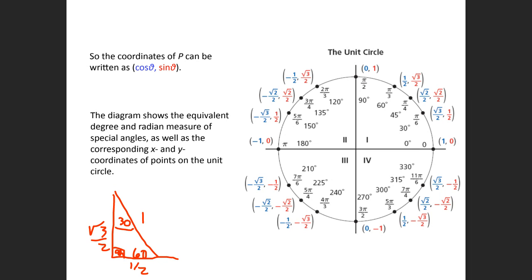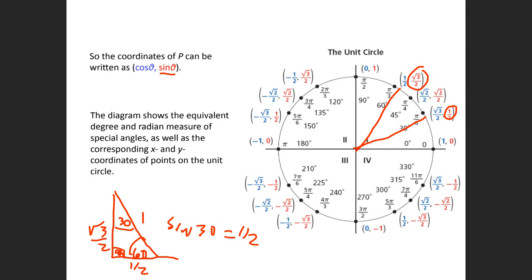So now, if I wanted to know what the sine of 30 degrees is, it's opposite over hypotenuse. Well, that's 1/2 over 1, which is 1/2. Here it tells us that the sine is the y value. So sine of 30 degrees is 1/2. If I wanted to know what the sine of 60 degrees is, it's going to be the square root of 3 over 2.